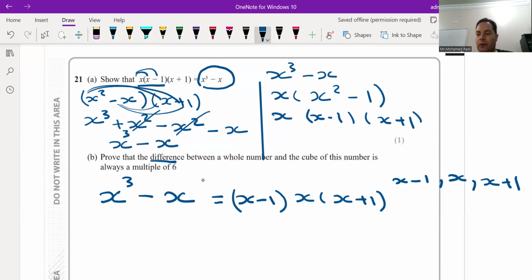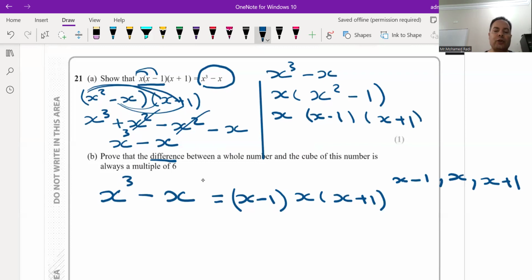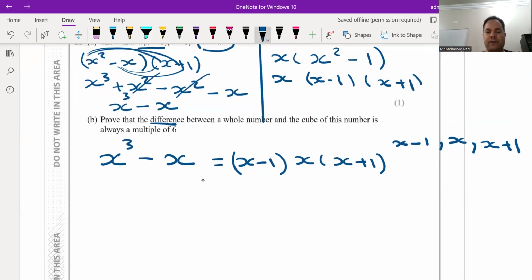In general, a product of three consecutive numbers includes at least one even number and a multiple of 3. Let's write any three consecutive numbers: 1, 2, 3. Even means divisible by 2. A multiple of 3 means divisible by 3. So surely their product will be a multiple of 6.